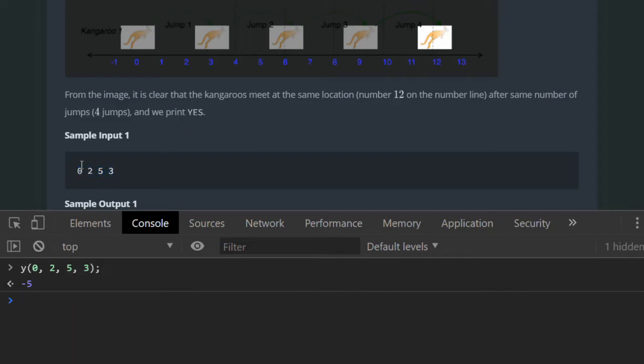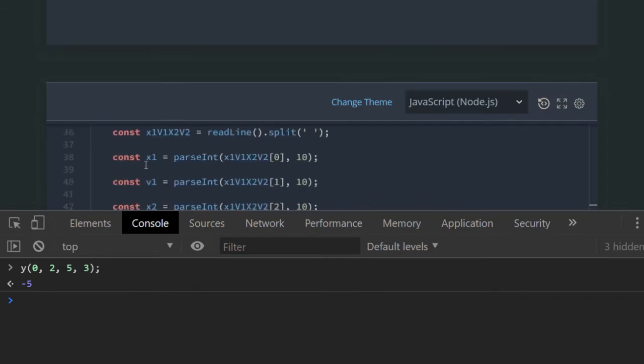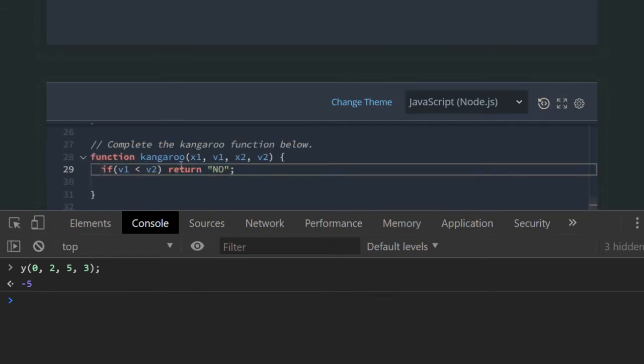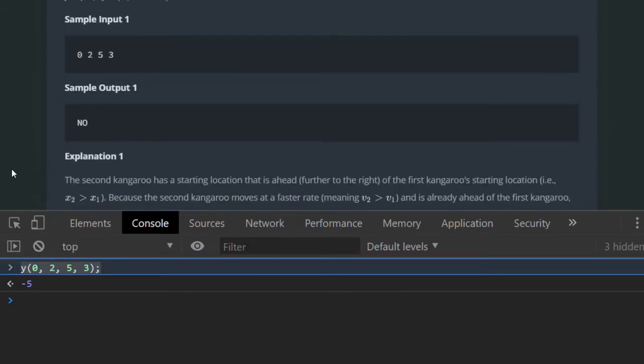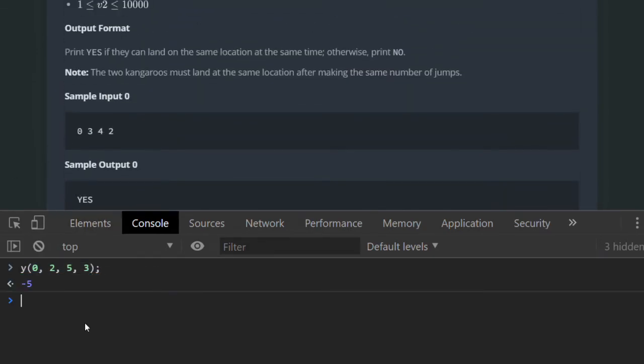But in this case, we'll get to this if condition and it will return no. So we won't care about it. But let's test it on the second example. I want to show you something. So 3, 4, 2. So this is 4. And let's try another example where this is 1, for example.